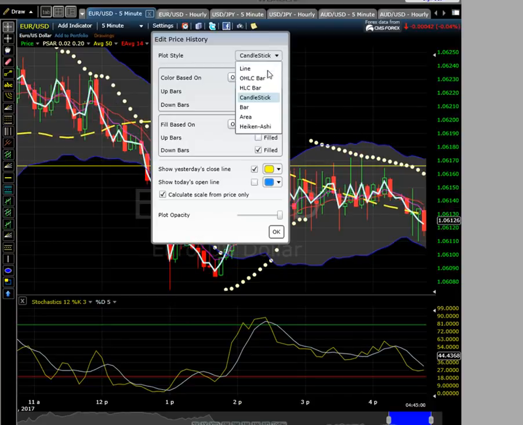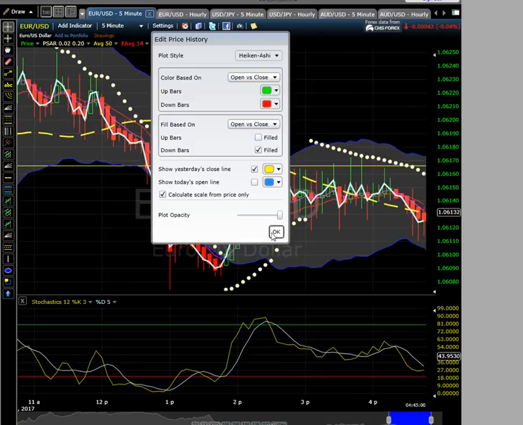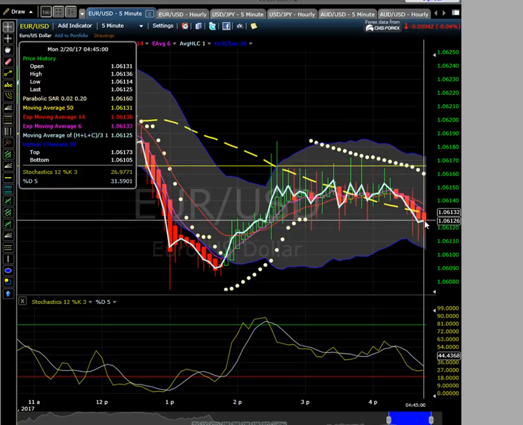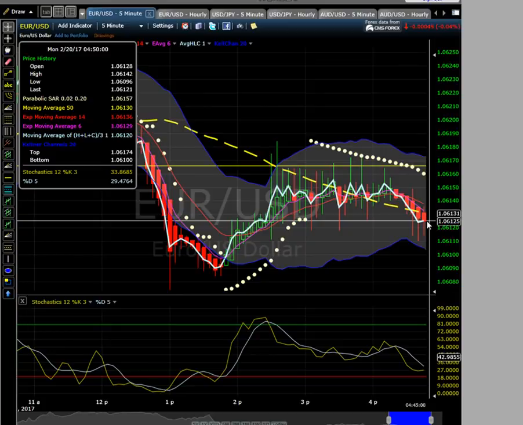So that's why I have the average HLC moving average, and I have it light blue because this is more accurate to where the actual price is at that time than the EMA 6. So if you look right here, this little blue line is usually a good sign of where the price is actually at for this pair.